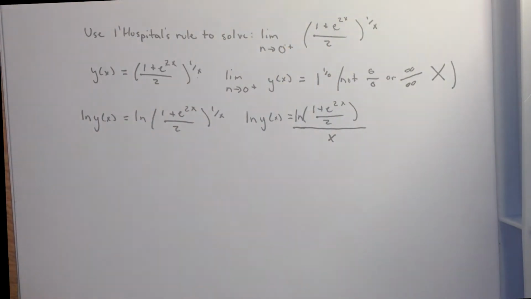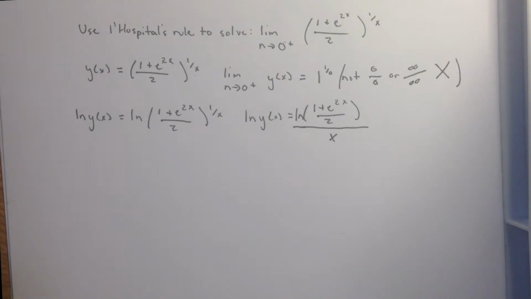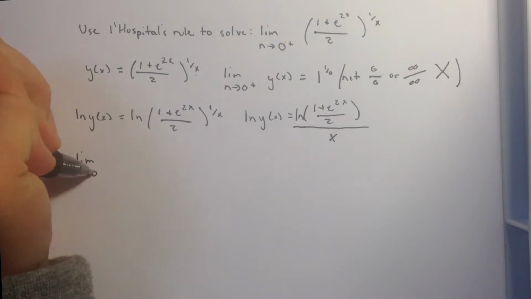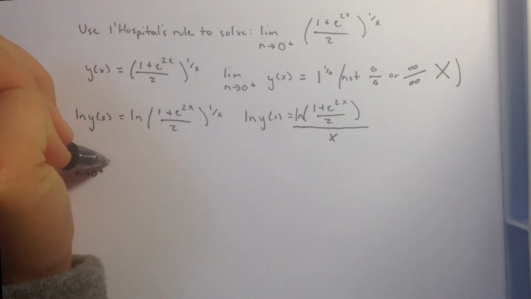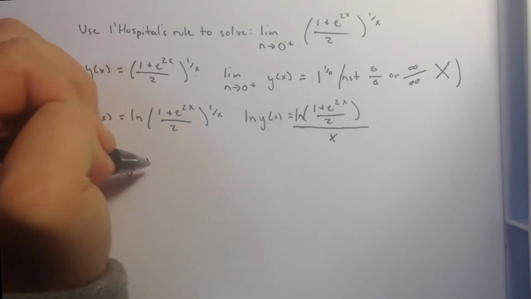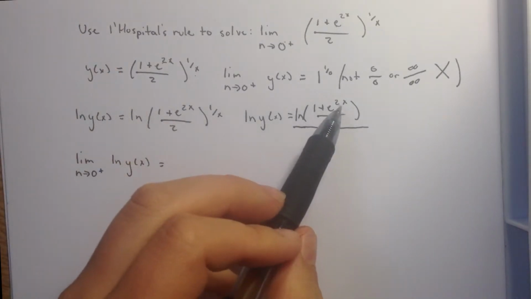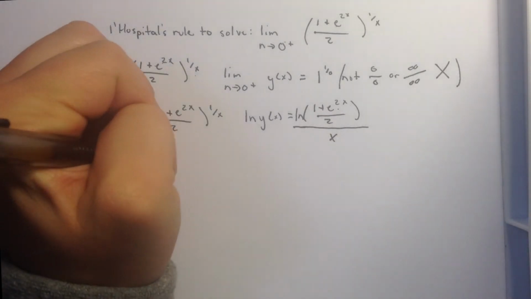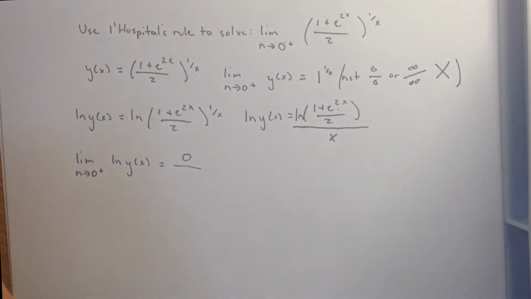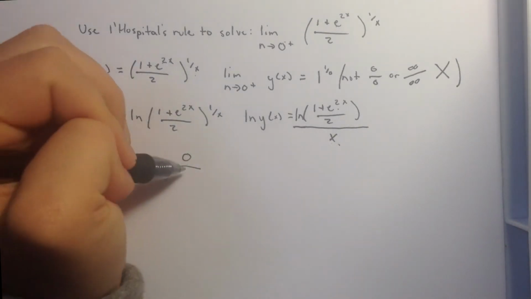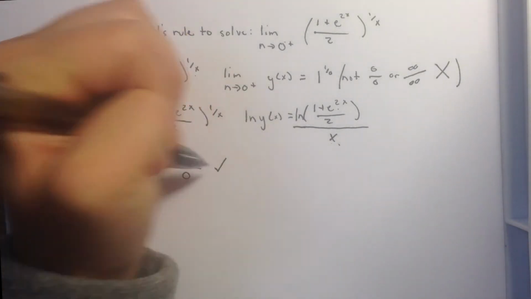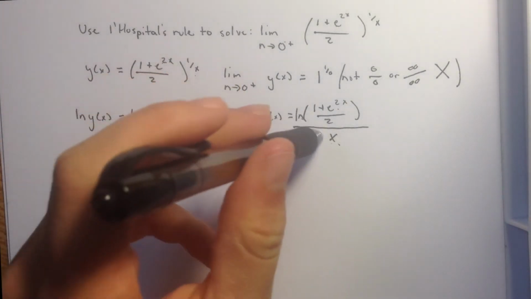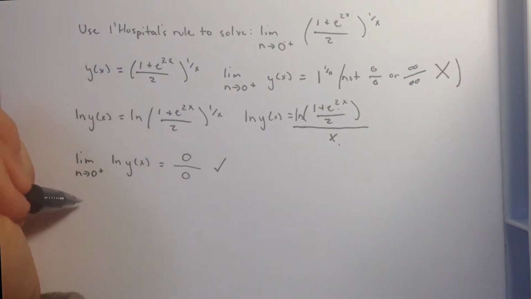Just like that. And if we took the limit of this, let's see what happens. The limit as x approaches 0 from the right side of ln of y of x equals, if we put a 0 in right here, then we would get 1 plus 1 over 2 is 1, and ln of 1 is 0. And if we put a 0 in here, that would just be 0. And hey, that is a form that we can use, which means that we can use L'Hopital's rule and take the derivative of the top and the bottom to find what our limit is.